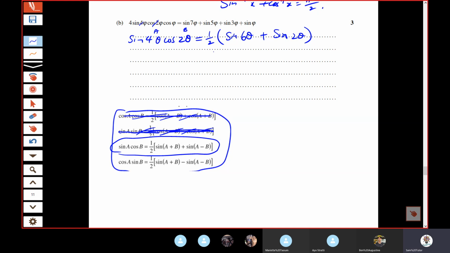What else? Turn cos into sine. This cos you mean? Cos 2 theta. Wait, hold on. We've just said this is now this. But that's not the left-hand side. I've still got all of this, and I've still got a 4.